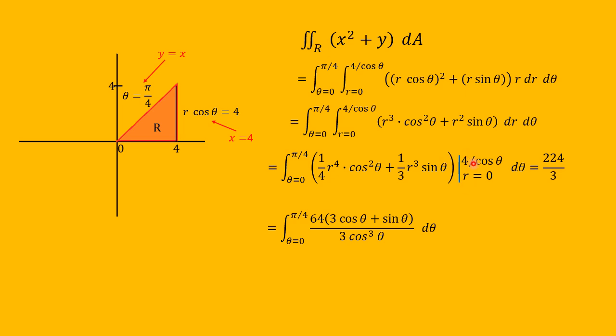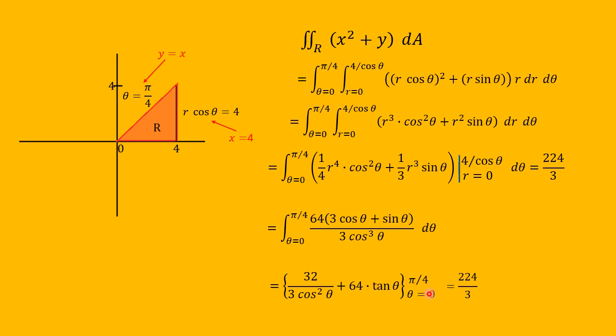If we plug in these two values into this expression and subtract, we get this stuff right here, and that's fairly complicated, but we want to integrate this with respect to theta going from 0 to pi over 4. So we do that integral. It turns out to be this stuff as far as antiderivatives go.